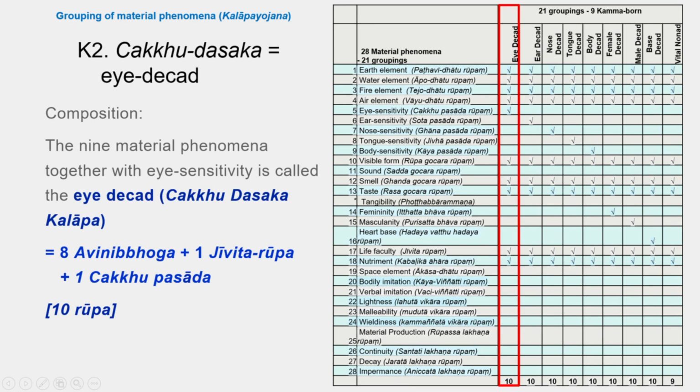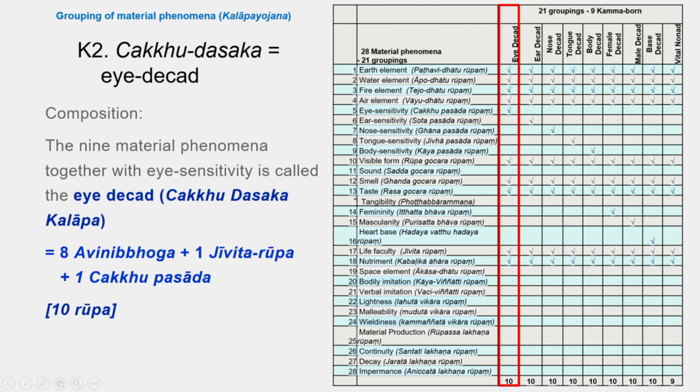The next one is Chakkhu Dasaka, the eye decad. This also is something my teachers never spoke about, so if you attend those Abhidhamma master classes, please help us get more information, it'll be very helpful.